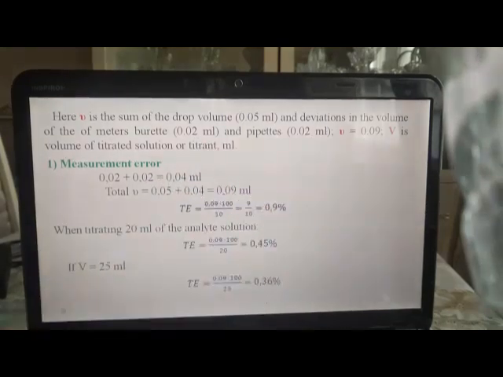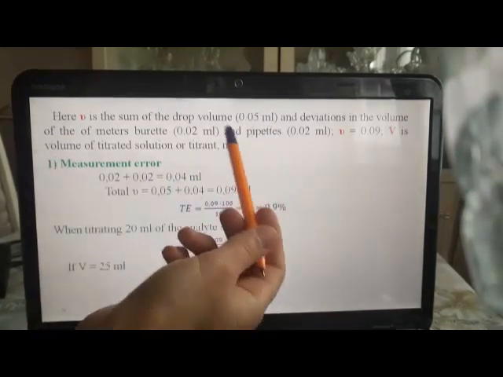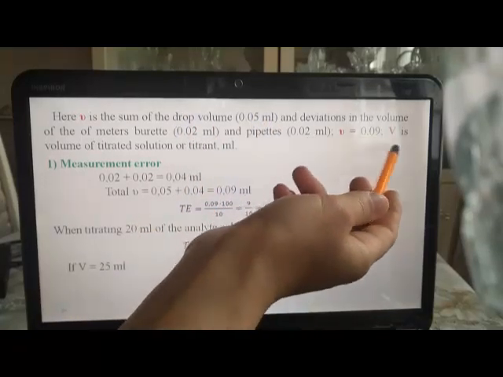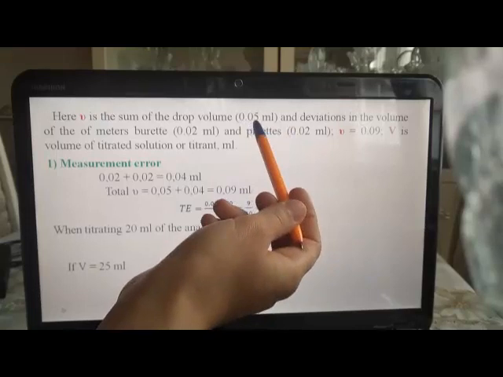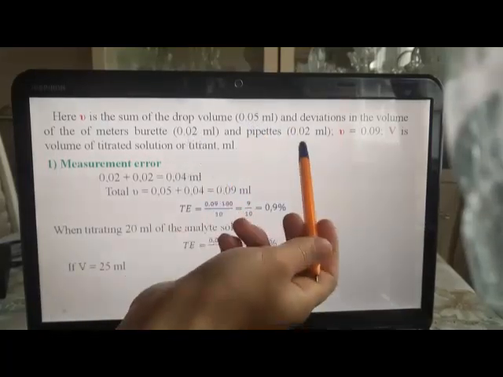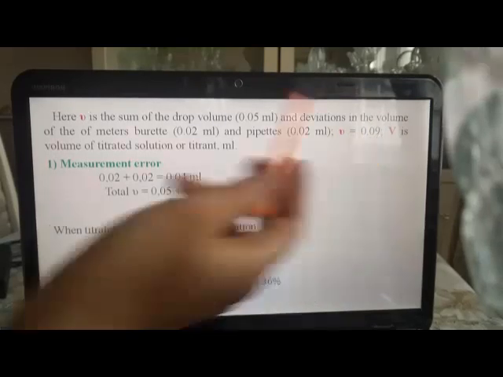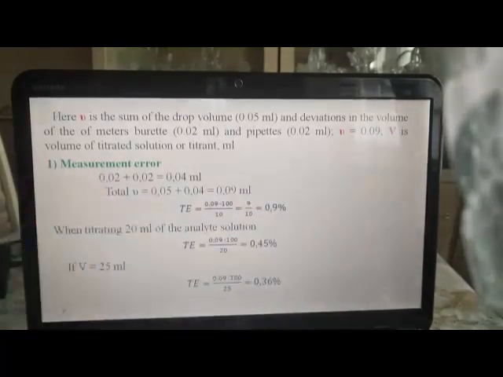The sum is 0.05 plus 0.02 plus 0.02, total 0.09, and V is the volume of the titrated solution or titrant, measured in milliliters.